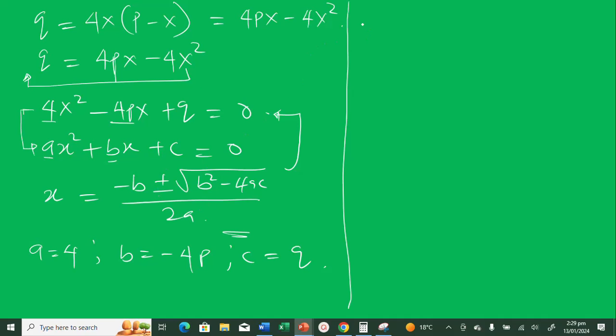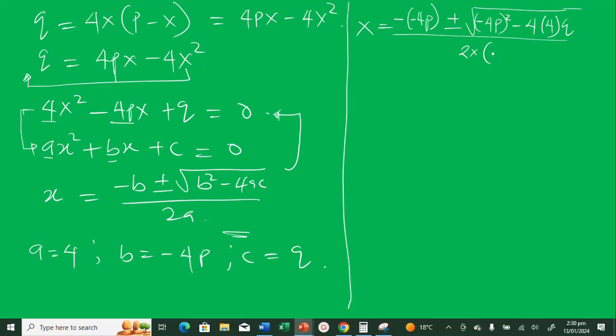Applying it here, you will now have x equal to minus b, which is minus of minus 4p, plus or minus the square root of minus 4p all squared, minus 4 times 4, a is 4, times q, c is q, divided by 2 times a, which is 4.